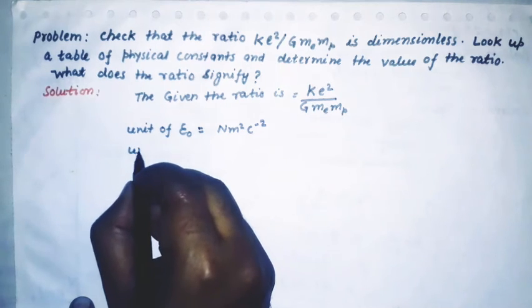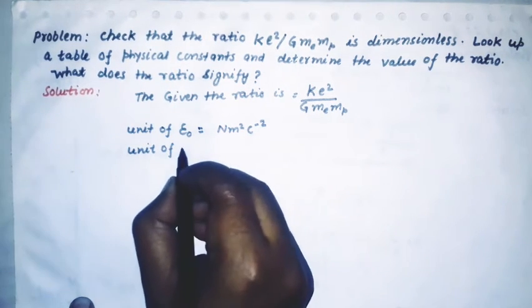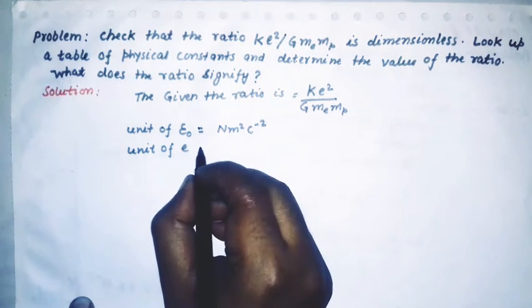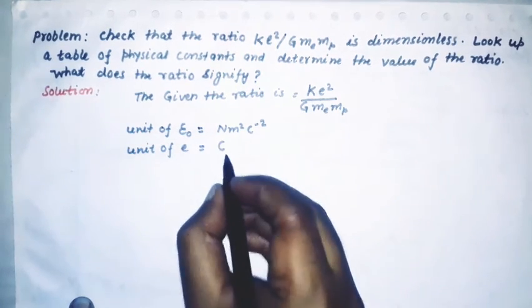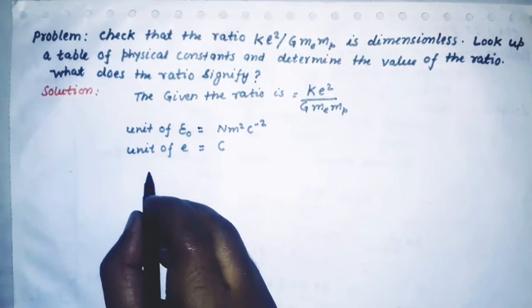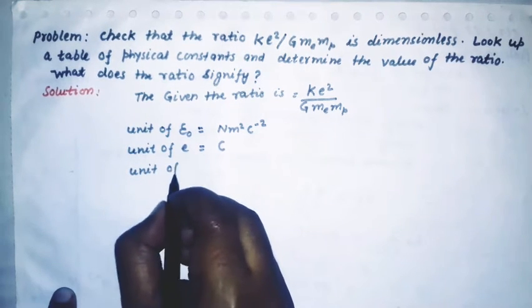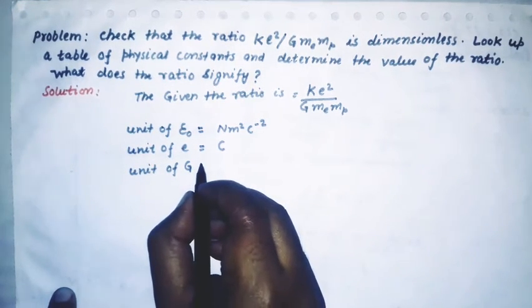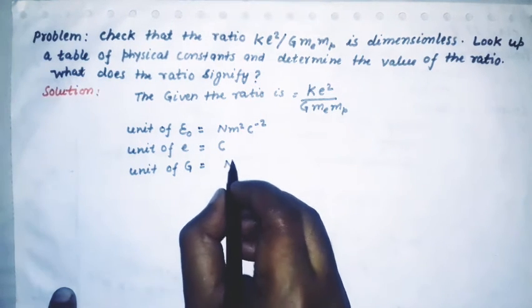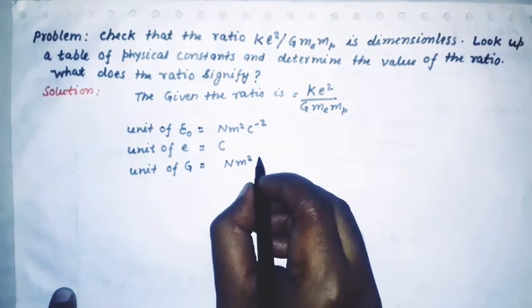And now the unit of e: e is electric charge, so its unit is coulomb. And now the unit of G is Newton meter square per kilogram square.